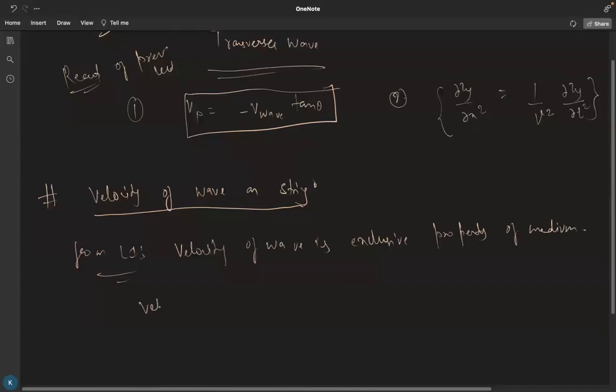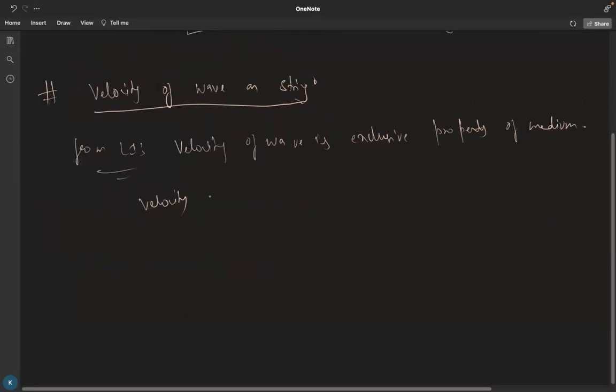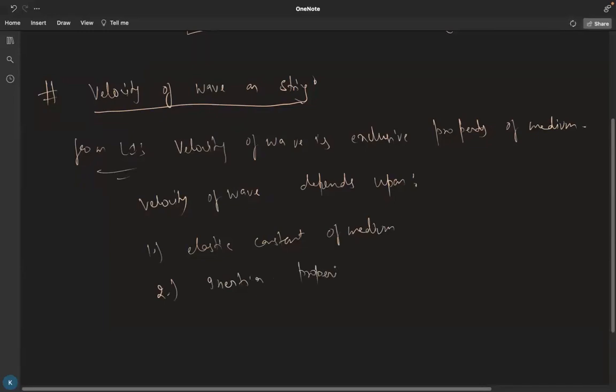Because velocity of wave depends upon two things. The first is the elastic constant of the medium, and the second one is the inertia property of the medium, right. For that reason the velocity of wave is the exclusive property of the medium.